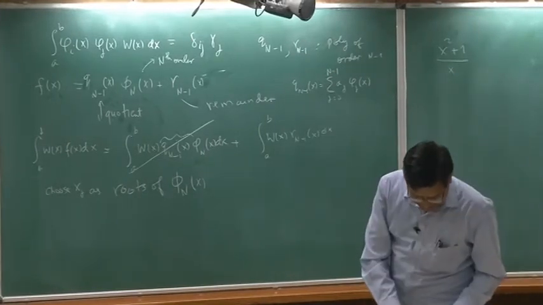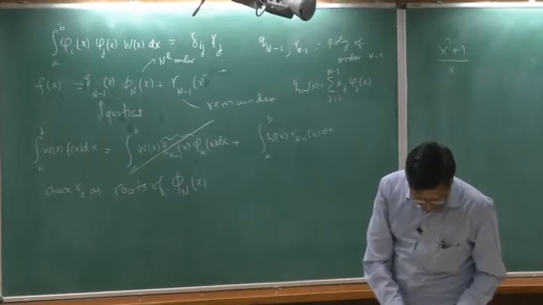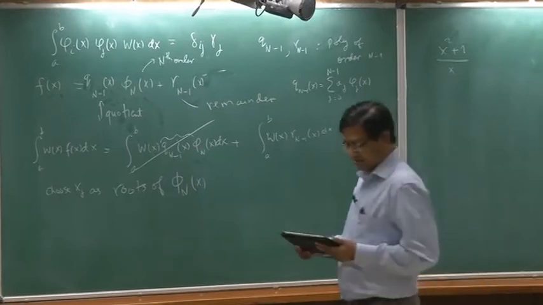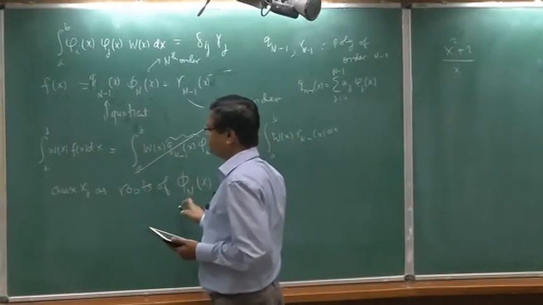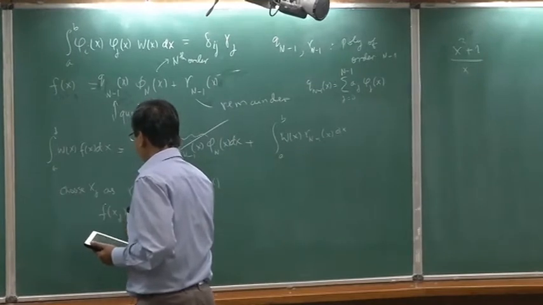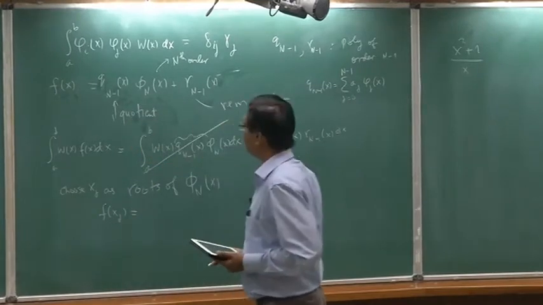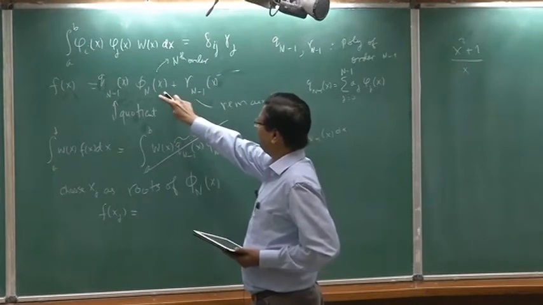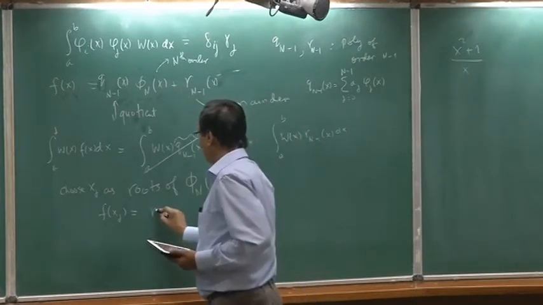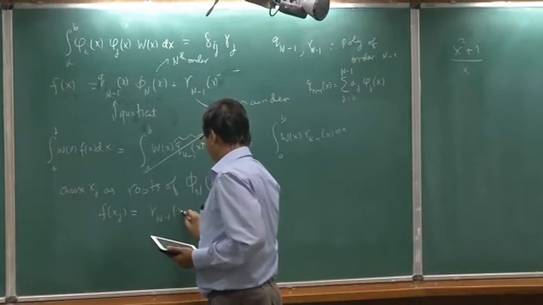So the idea is, if they are the roots, then what happens to f(x_j), the value of the function at those points? Because this is zero, you will get R_{n-1}(x_j).